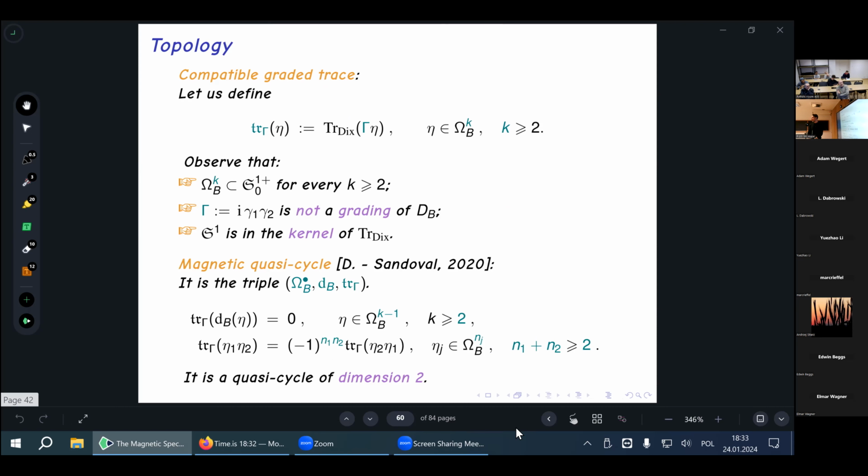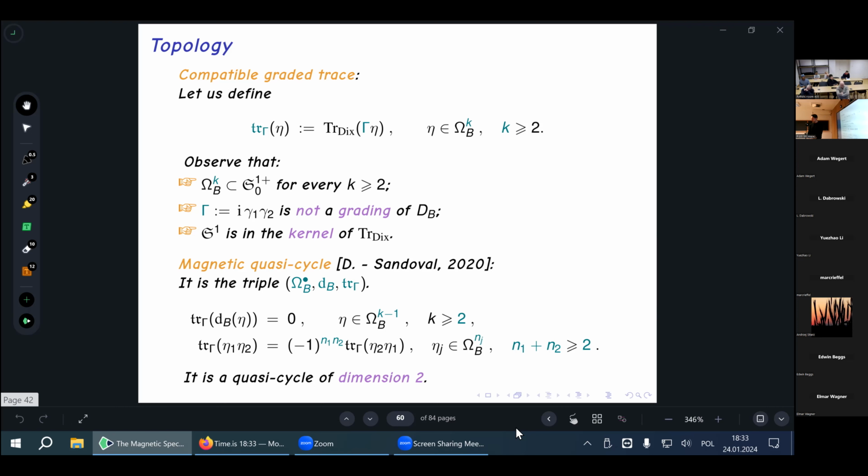You can do that, but because I'm integrating with an integral which automatically erases the error, what is relevant to me is to have these properties. And then this is a cycle of dimension 2. I call it a quasi-cycle, but this is a cycle of dimension 2 in every good sense of a cycle.